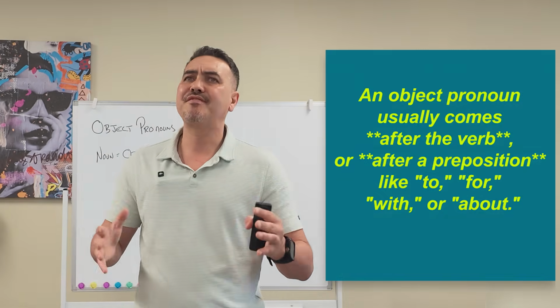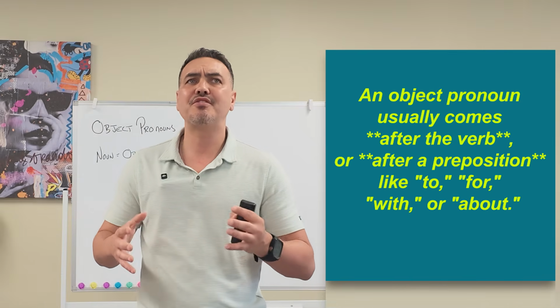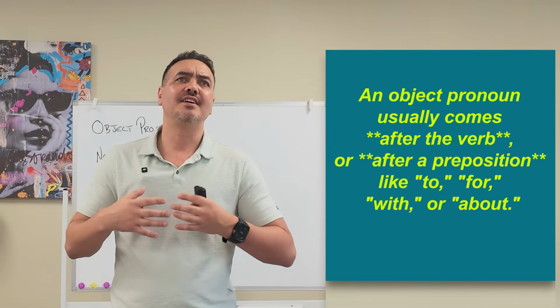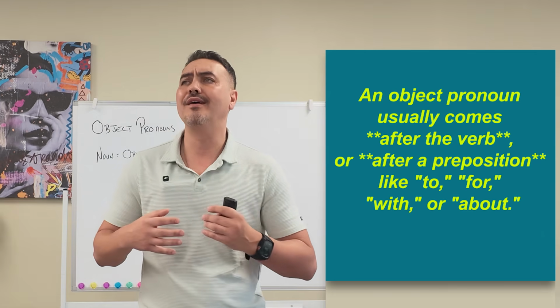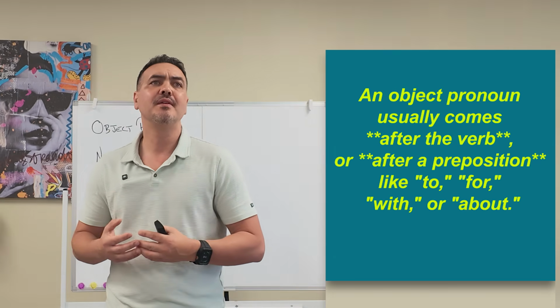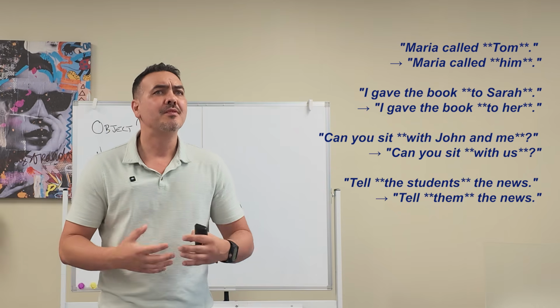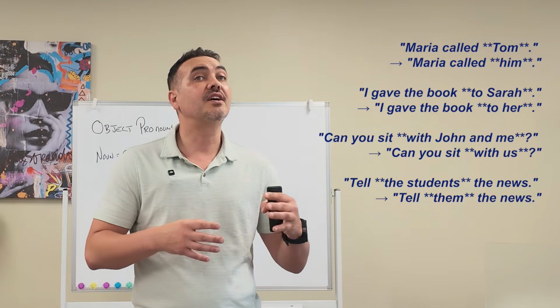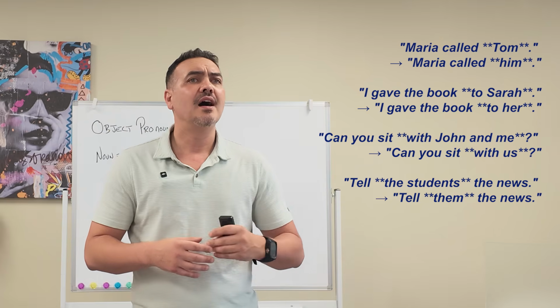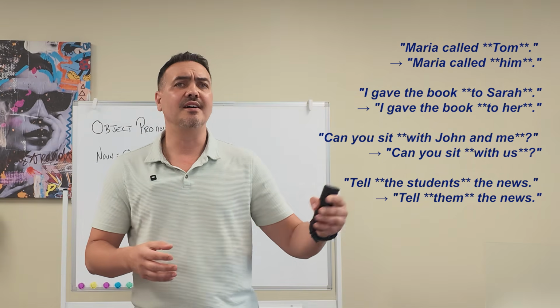So an object pronoun usually comes after the verb or after a preposition like to or for, with, or about, okay? So compare these. Maria called Tom, or Maria called him. I gave the book to Sarah.